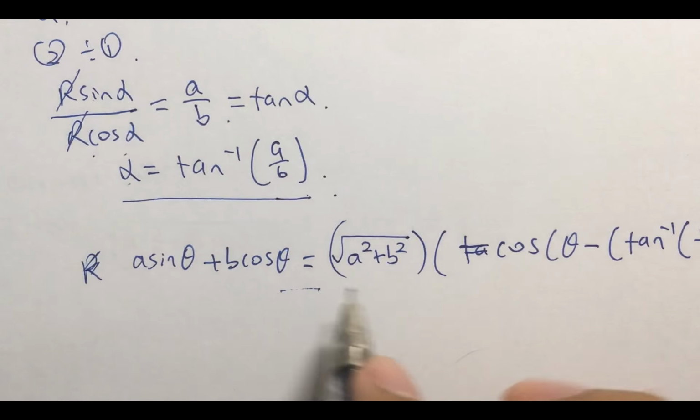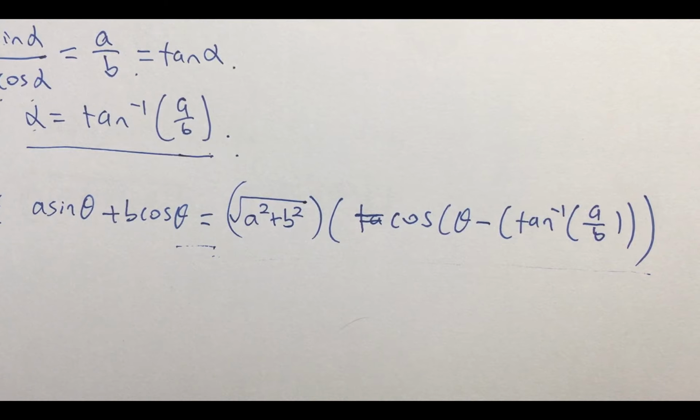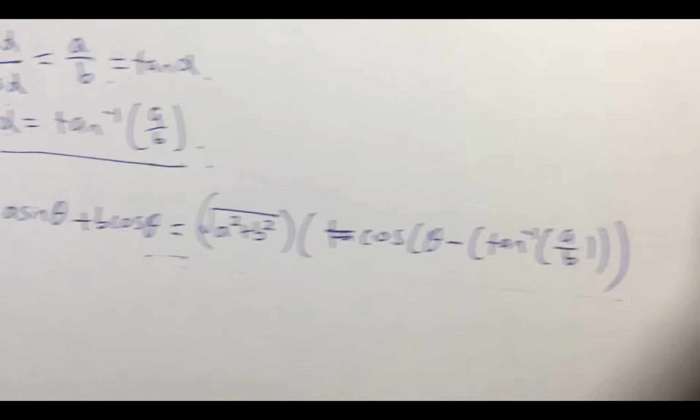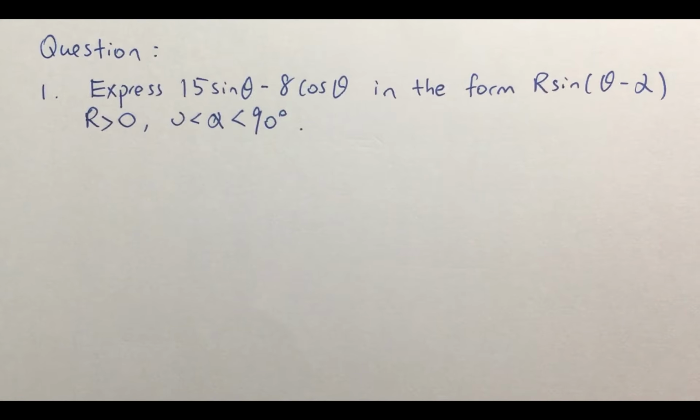And this is what we get. Although it looks very complicated, when you use the calculator to do the actual value, it will seem to be easier. So now let's move up to the questions.